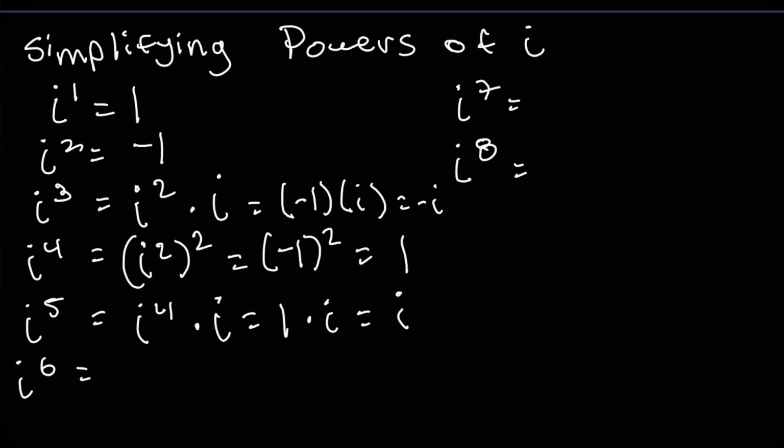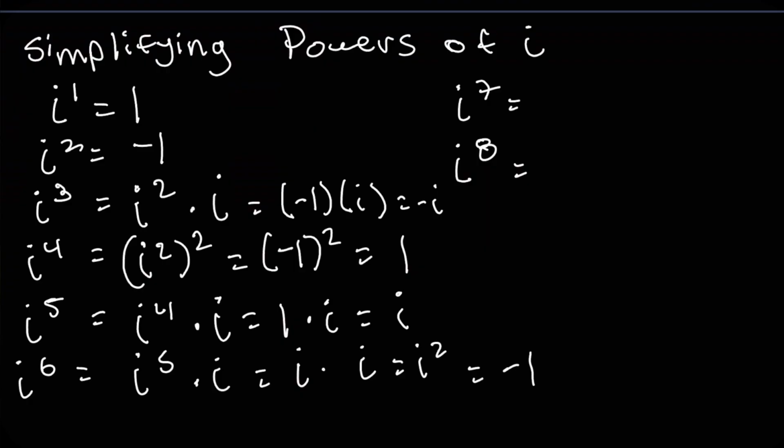And i to the sixth power, again, we can use what we've already learned. So we know that i to the fifth is equal to i, so we can say i to the fifth times i is equal to i times i, which is equal to i squared. And again, i squared is equal to negative 1.